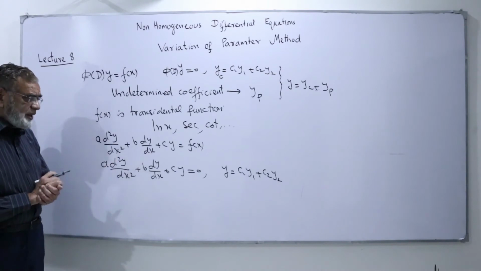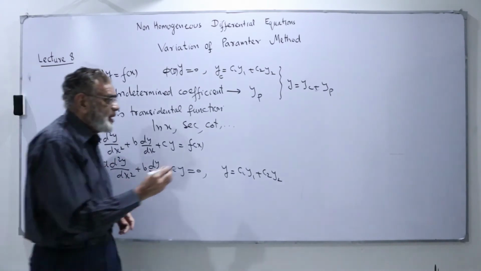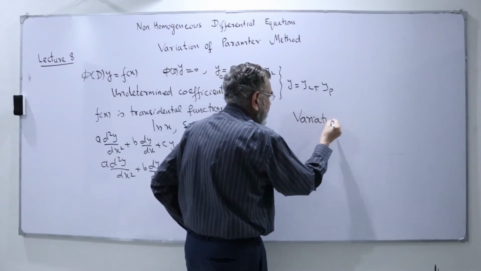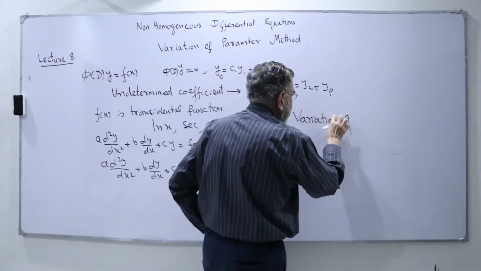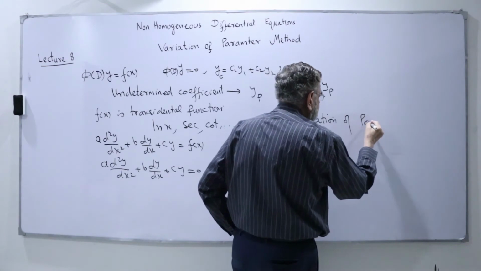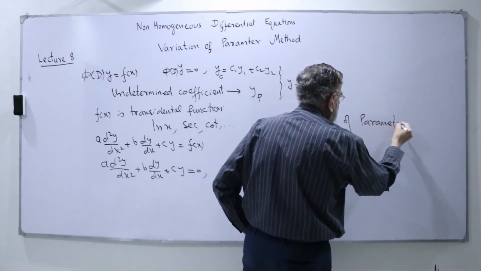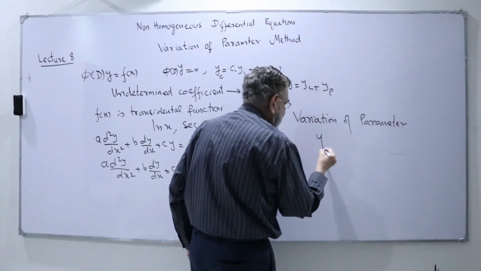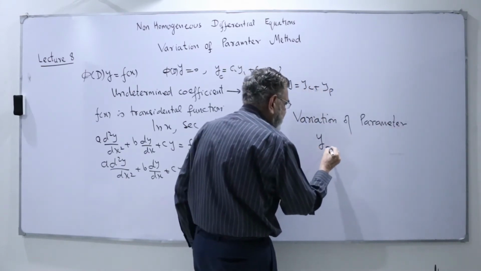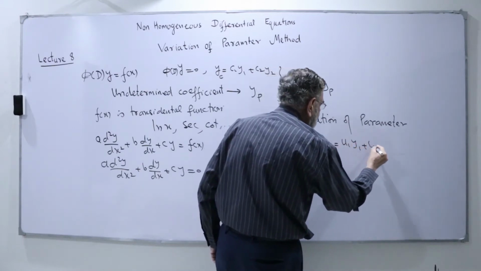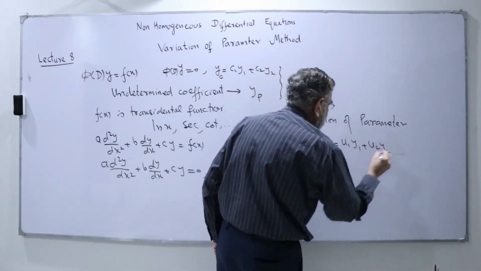Now here the new method comes, the variation of parameters, and we'll discuss its details. We put yp, which we want to find, equal to u1 y1 plus u2 y2.